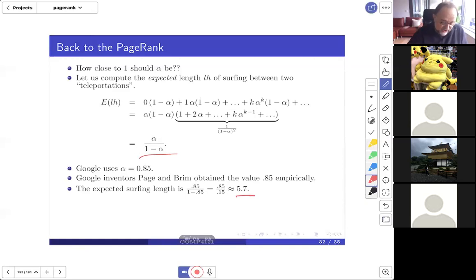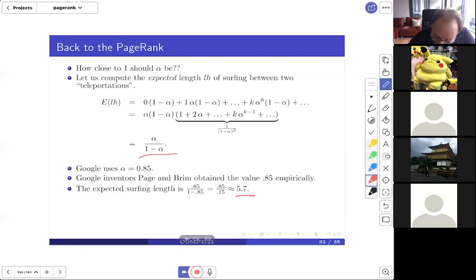So now the question is, is just following links 6 times and then random jumping enough to reveal the structure of the internet? Enough to reveal what the important web pages are?